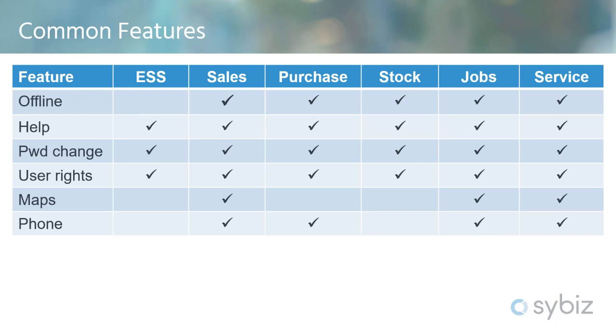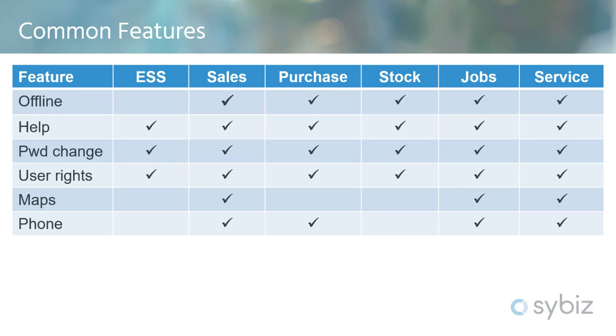So this is just a little checklist about some of the common features across the apps. ESS, for example, doesn't have the offline ability, whereas the other apps do. They've all got help, cut down versions of the help file to help you out there as well. You can change a password for the users there. The user rights are inherited from the desktop application, so that's what drives the security.